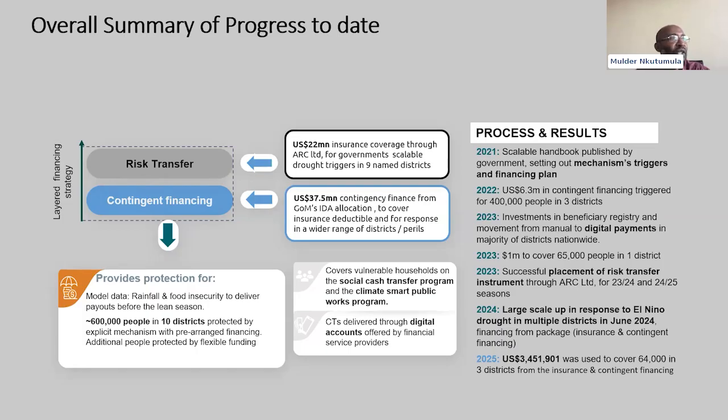When we started with the insurance, I think we have managed to gain some from the insurance that we had for the past 2 years, because we had a 2-year period for insurance. I think I can go to another slide.